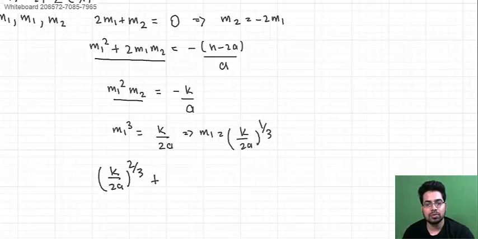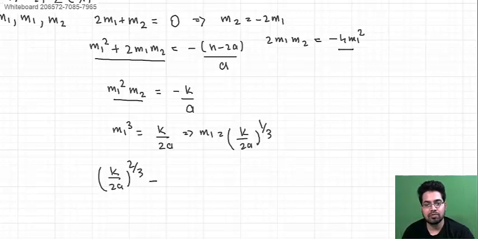Since m2 is equal to minus 2 m1, 2 m1 m2 becomes minus 4 m1 square.